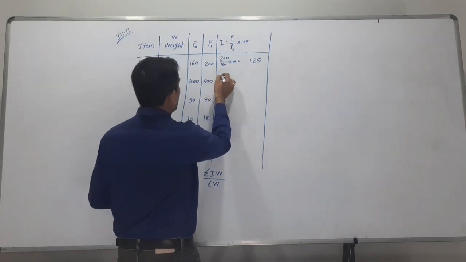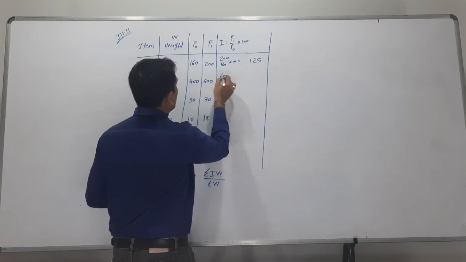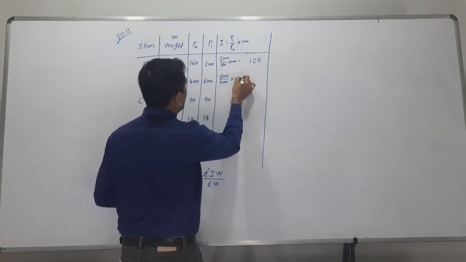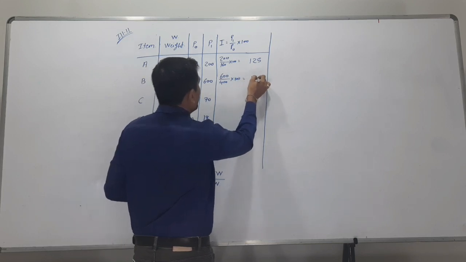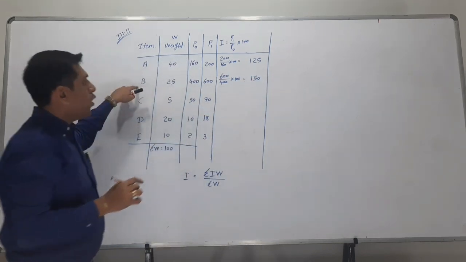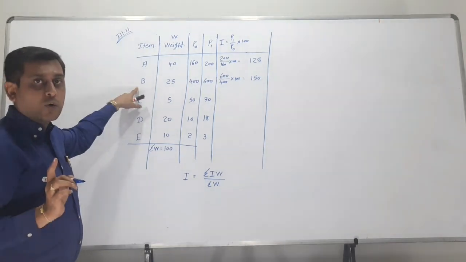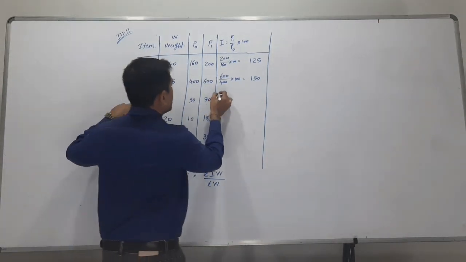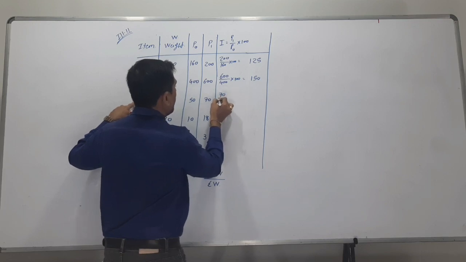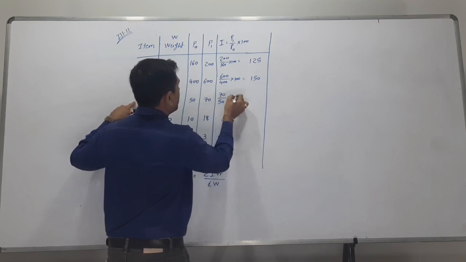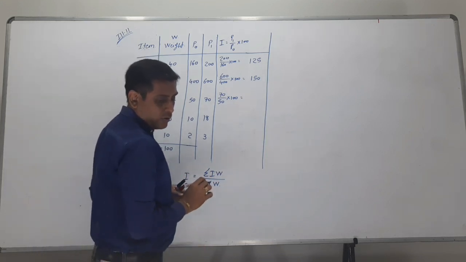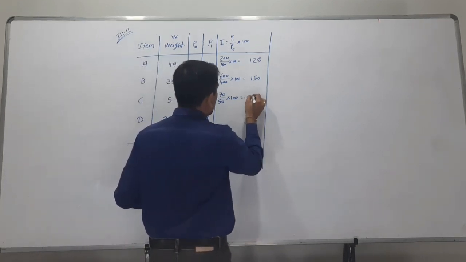Now P1, that is 600 divided by 400 into 100, that is 150. The index for item B is equal to 150. Now for C, 70 divided by 50 into 100, that is 140.